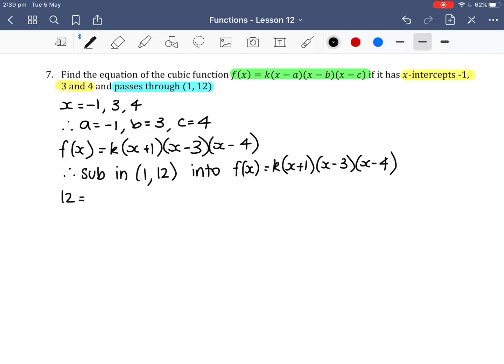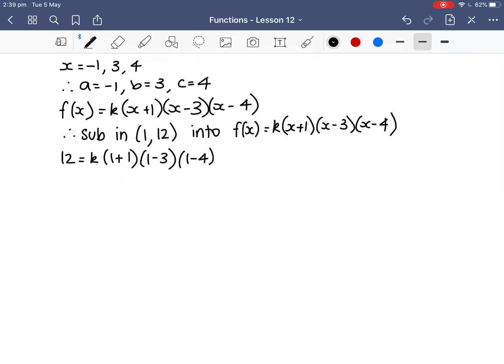So when we sub that in, we get 12 equals k bracket 1 plus 1, bracket 1 minus 3, bracket 1 minus 4. So we get 12 equals k times 1 plus 1 is 2, times 1 minus 3 is minus 2, times 1 minus 4 is minus 3.